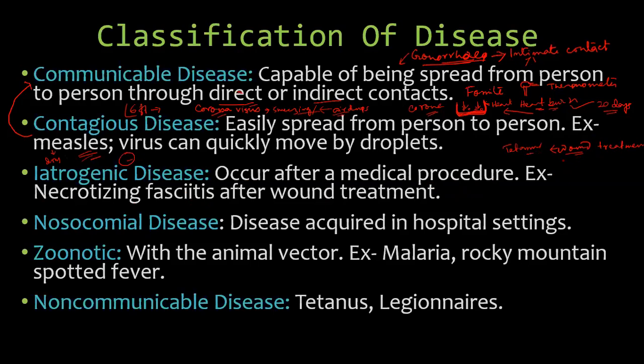Because when they stitched, you had a big cut, so you got, let's say, 5 or 6 stitches. They used a needle that was not sterilized, and it was carrying Clostridium tetani spore. It was infected with that.